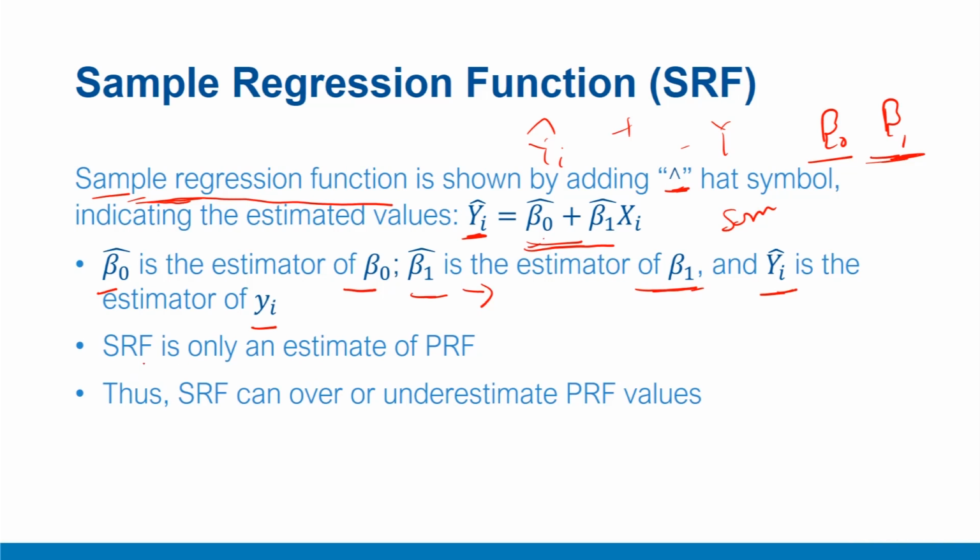So the SRF, the sample regression function, is only an estimate of the population regression function based on a given sample, the sample that is available to us. Remember, we do not have the luxury of working with the population. Since this is only an estimate, the sample regression function can overestimate or underestimate the population regression function values.